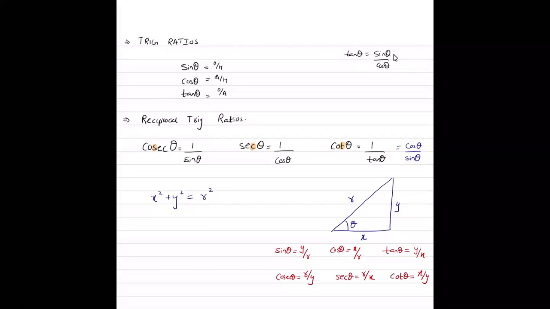Now, using this, let us divide both sides of the equation by x square. If I divide both sides by x square, this is what I get: 1 plus y upon x the whole thing square equals r upon x the whole thing square.